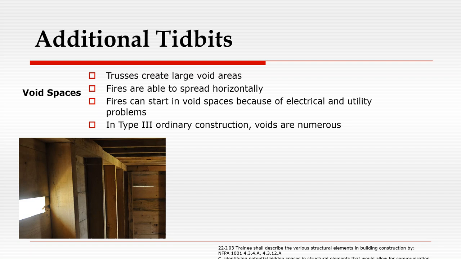And those knee walls create void spaces, and fire likes to travel in those void spaces, and you may forget to look in there when you're searching for fire spread. And if you don't look in there, then you're never going to put this fire out. So knee walls, look those up, understand what those are.